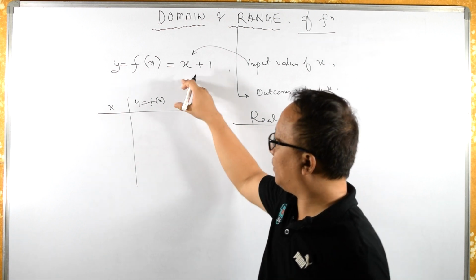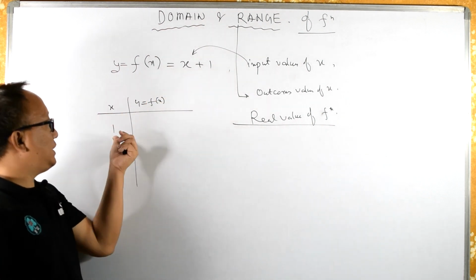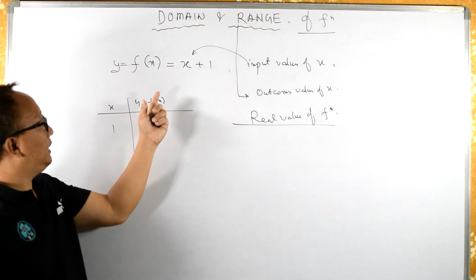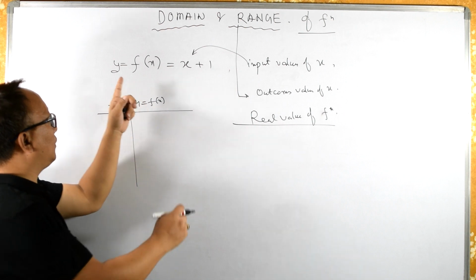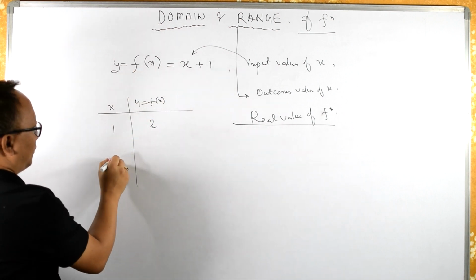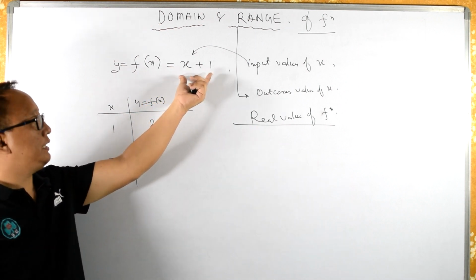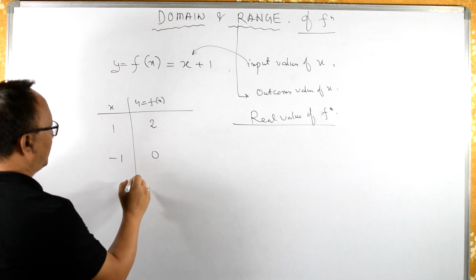If I choose x = 1, then this is the input value. Okay. And if I substitute 1 over here, 1 plus 1 equals what? f(x) becomes 2. If I substitute minus 1 over here, minus 1 plus 1, that becomes 0.